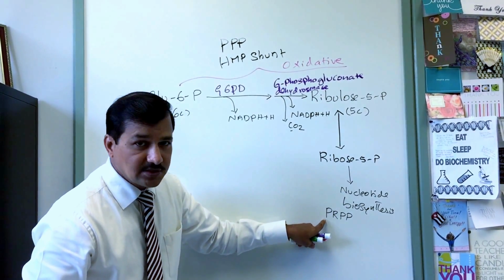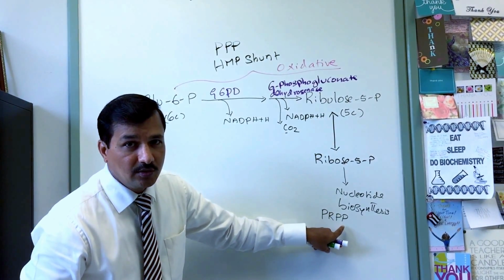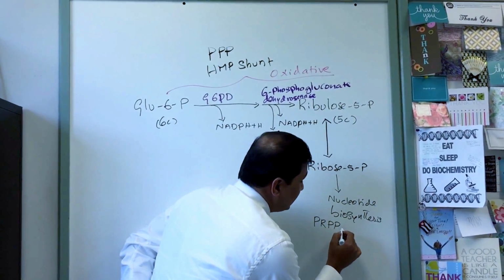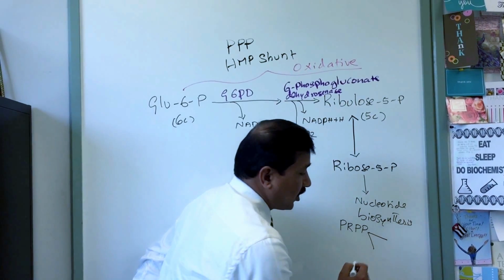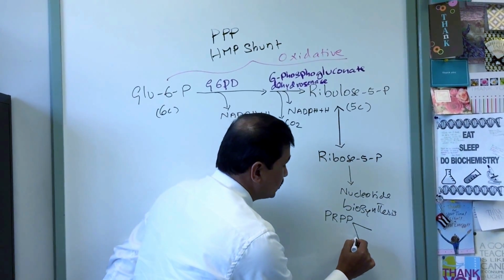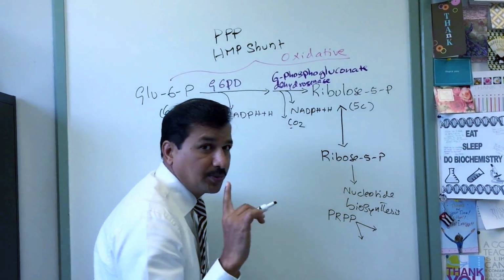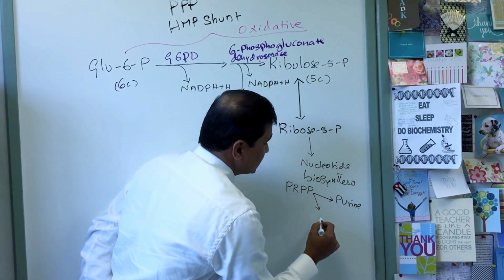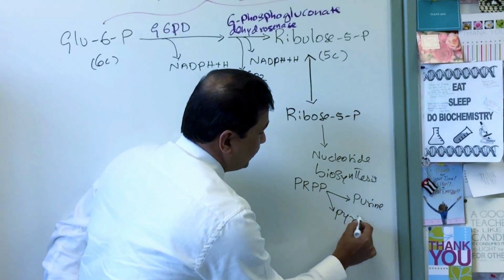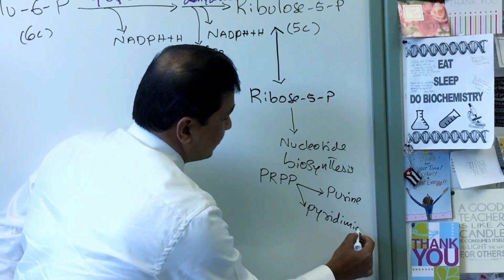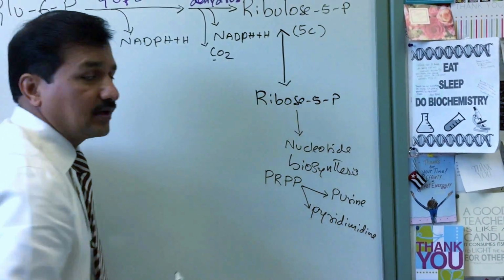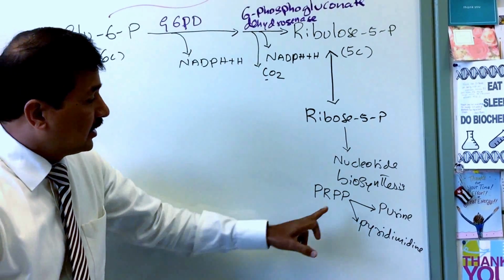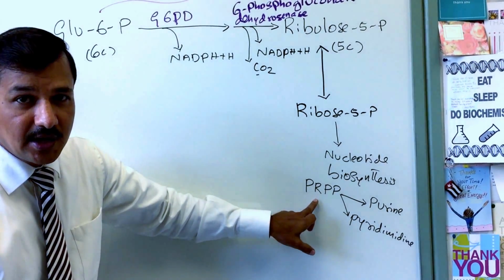PRPP is phosphoribosyl pyrophosphate, and this phosphoribosyl pyrophosphate will act as a positive modulator on the purine synthesis enzymes, and also on pyrimidine synthesis, because both the rate limiting enzymes of the purine and pyrimidine biosynthesis pathways are stimulated positively by PRPP.